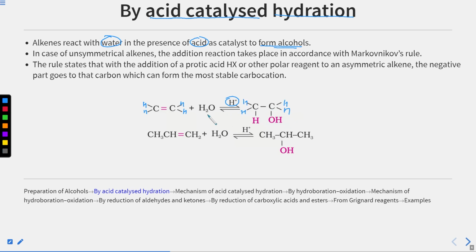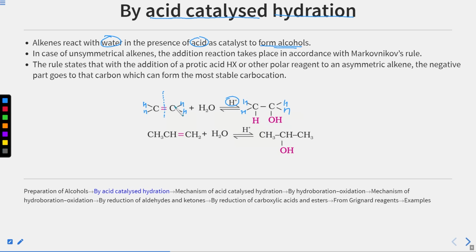It doesn't matter where this H and OH are going because it is a symmetrical alkene. Symmetrical alkene means if you cut the double bond from the middle, then both sides will look identical, just inverted. This is the meaning of symmetrical alkene.